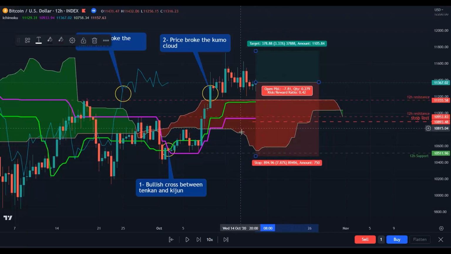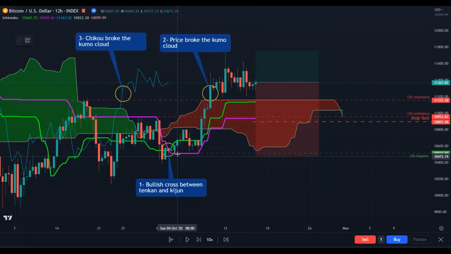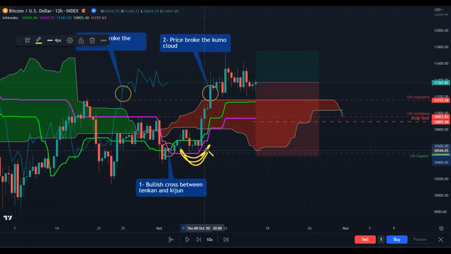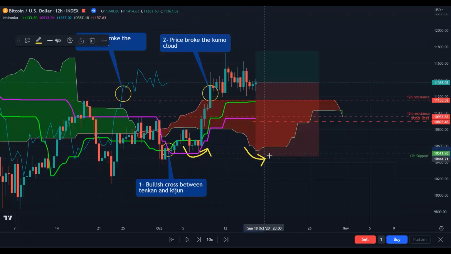Why? Because the bottom of the Kumo cloud, we know, acts as a support for us. Or for example, you can put it below the previous swing. In this example, the previous swing and the bottom of the Kumo cloud are at the same level.